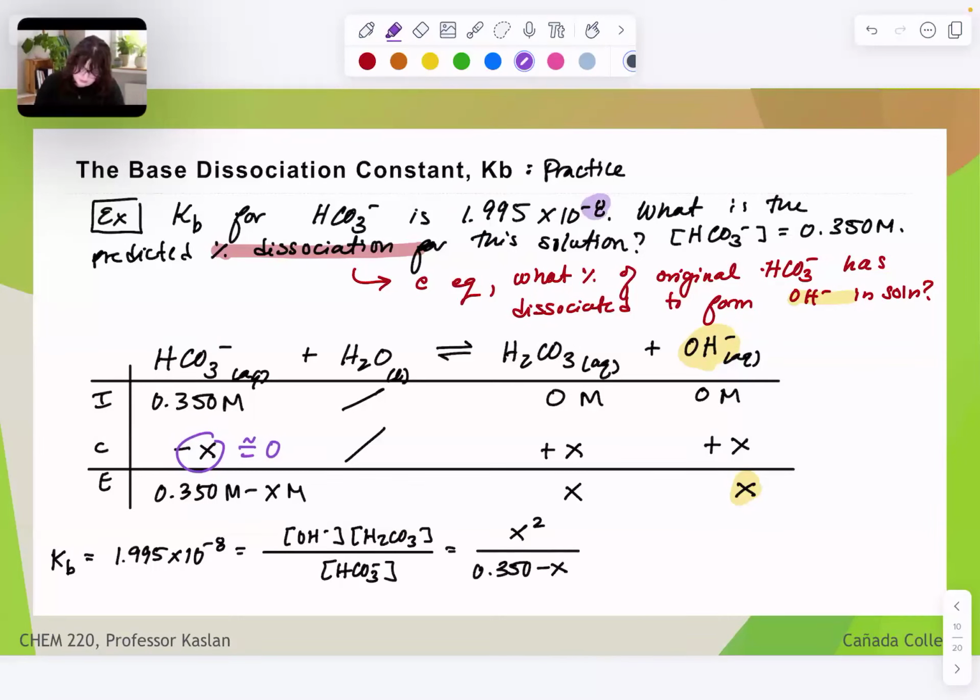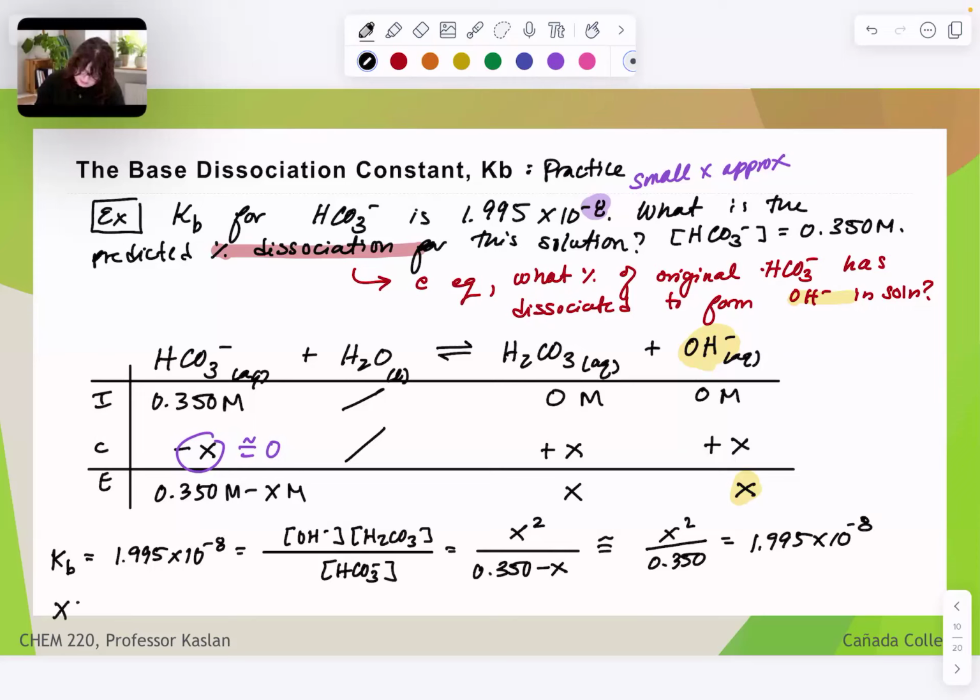So this is our, again, small x approximation. So this is equal to x squared over 0.350. And again, that's equal to 1.995 times 10 to the negative 8.